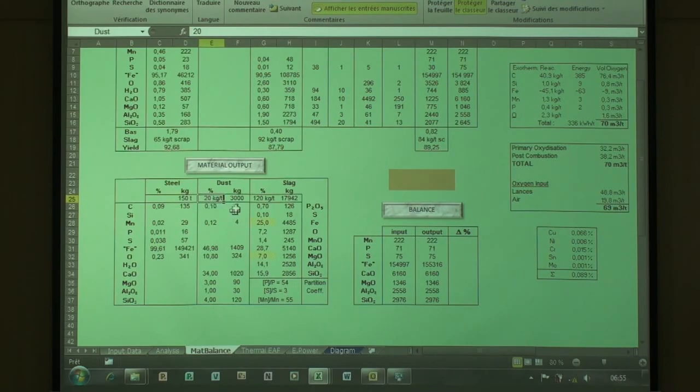Then dust, here it's a constant. The dust amount for conventional EAF varies between, let's say, 15 to 22. 15 is for short arc practice, a small transformer, or DRI feeding.